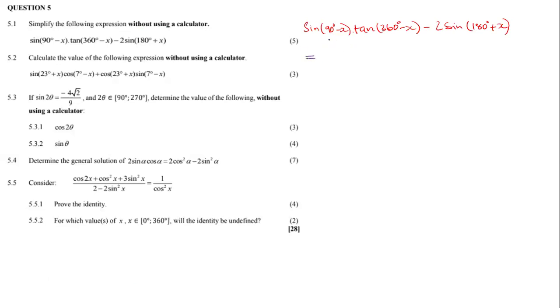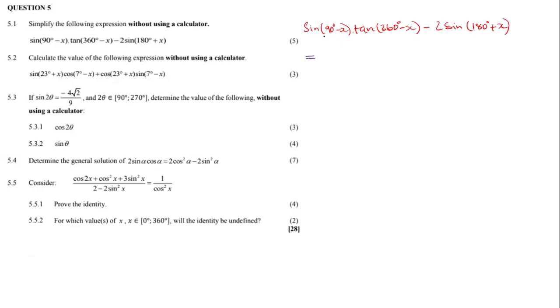We're going to reduce these expressions using identities, right? We have learned what you call a CAST diagram. We can make use of it to reduce these expressions that we see over here.